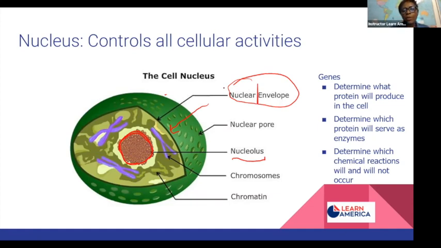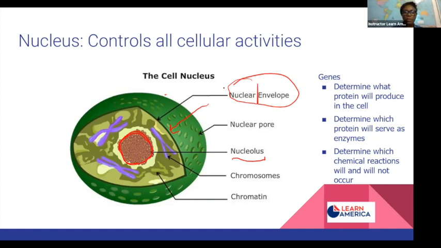If you remember what the cell membrane did, it allows materials to move in and out of the cell to help to maintain balance. So we're going to see that the nuclear membrane also allows things to move out of the nucleus. And in the same manner, it has to be selectively permeable.